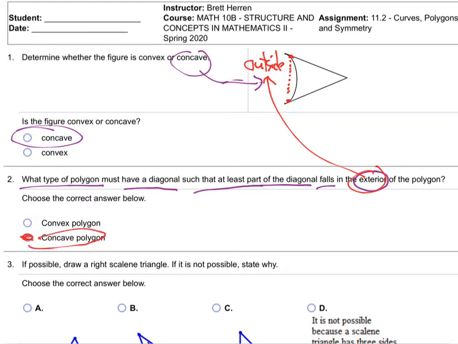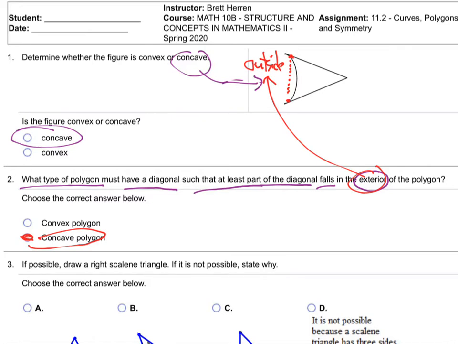Do you know that's the formal definition of concave? If you travel from one point to the other in a straight line and it goes outside the object, it must be caved in. That's why the straight line is outside. So that's the formal definition for a concave object. Some straight lines go outside the object.